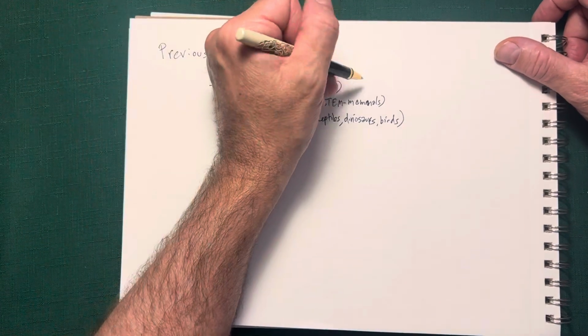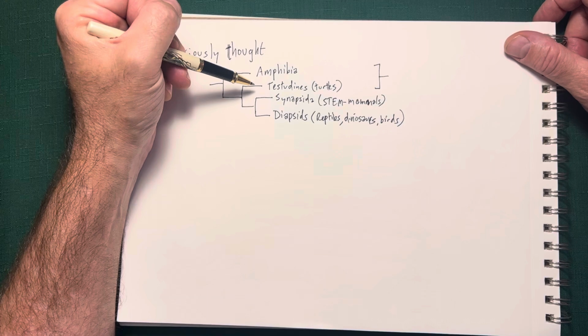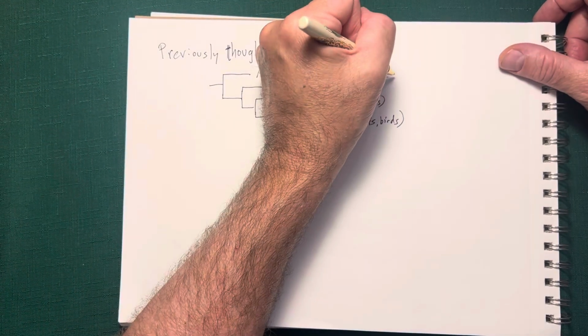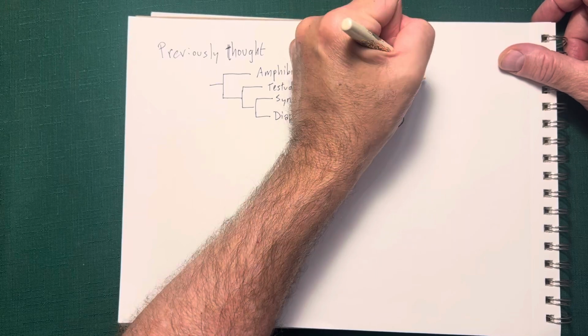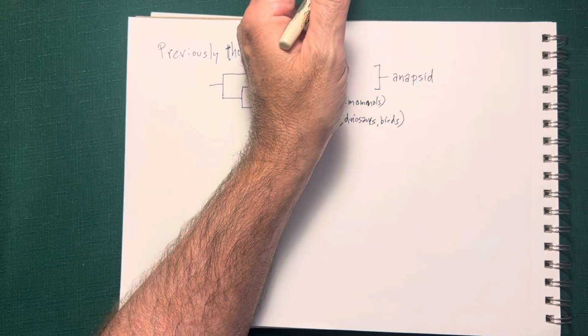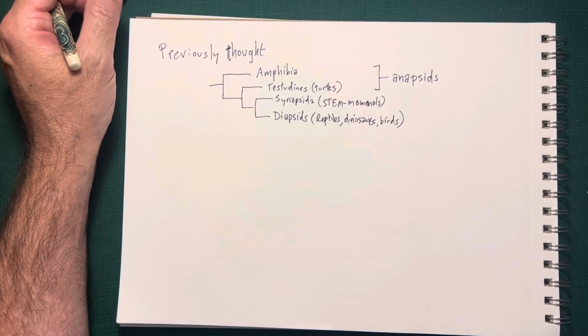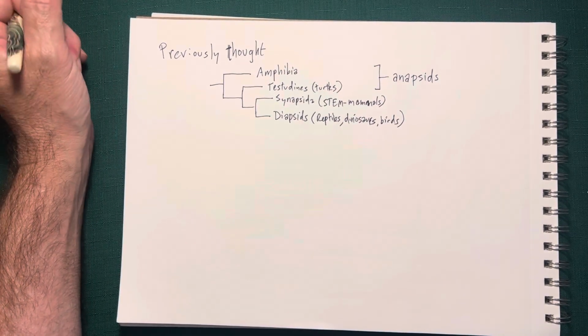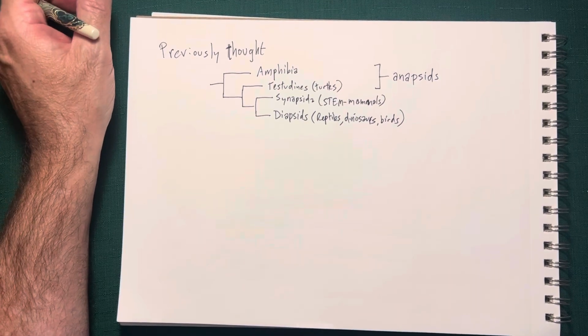And why was this thought? Because amphibians and turtles both have a skull type where they have no postorbital fenestrae. And as such, we refer to those as anapsid skulls. So no extra holes behind the eye socket.